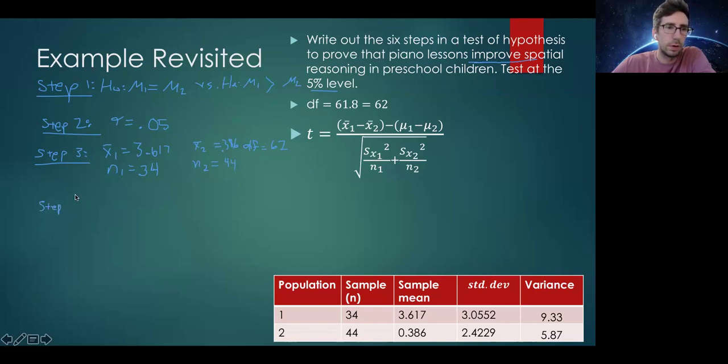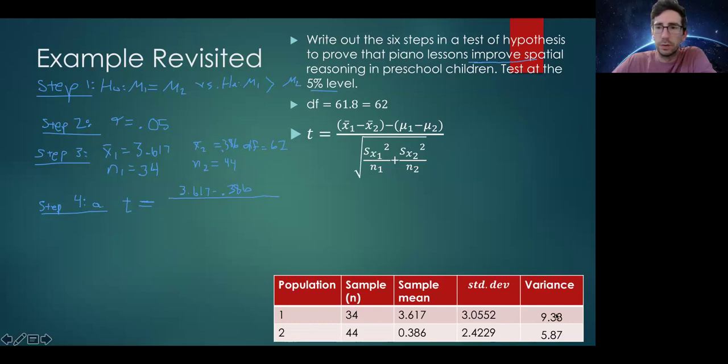So step 4 has 2 parts, right? In step A, we're going to calculate our test statistic, which we have right here. X bar 1 minus X bar 2 is 3.617 minus 0.386.